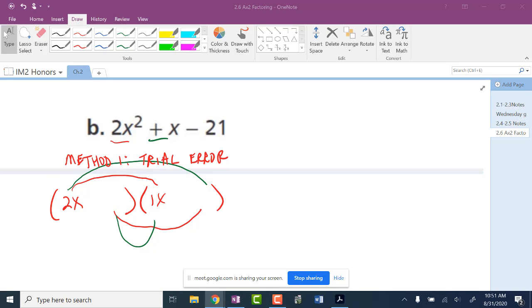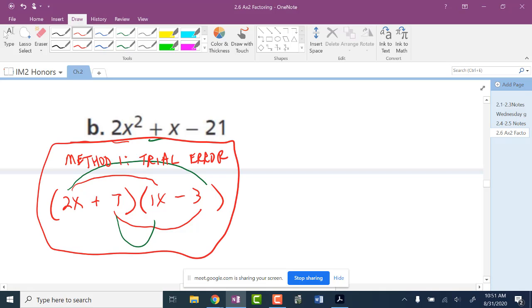Nice. So we had Matt, I didn't say his last name, get this correct, and it was a tough question. It took some time. So I think I was saying out loud that it's got to be 2x times 1x to get 2x squared, and then some combination that equals negative 21 when you multiply, but you got to get the correct middle term. So Matt, you've already done, you're done factoring.